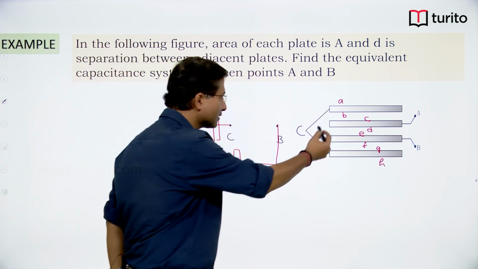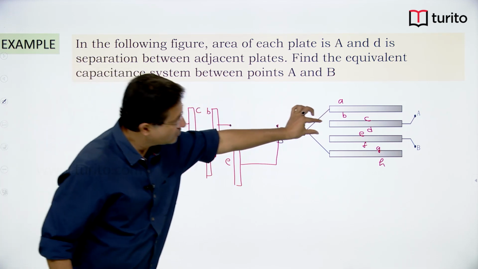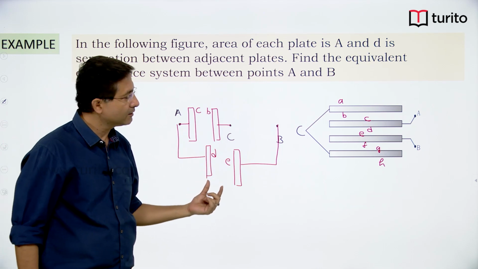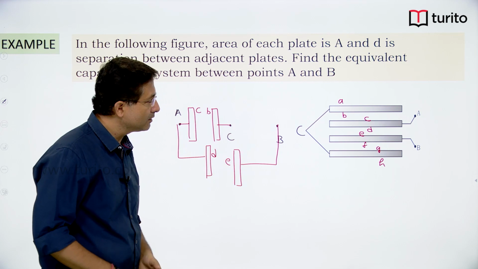So, this region behaving as capacitor, this region behaving as capacitor, right. Now, C and B, right.